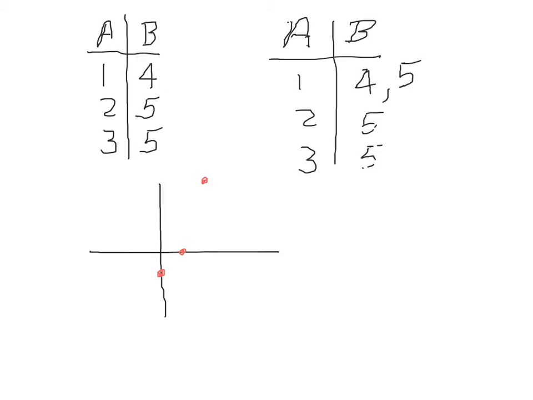Now, for each value of x, and x in this case is going to be the domain, there is only one value for the range, where these red dots are. The range would be the y value. So this would be a function.